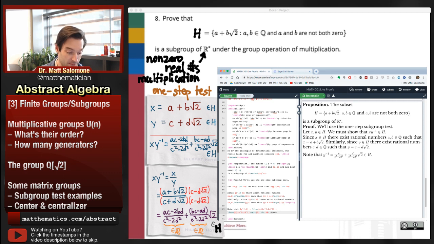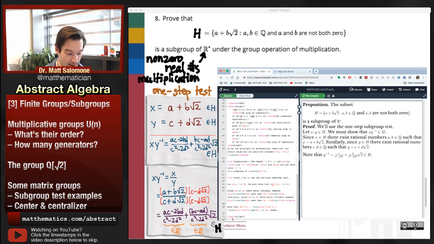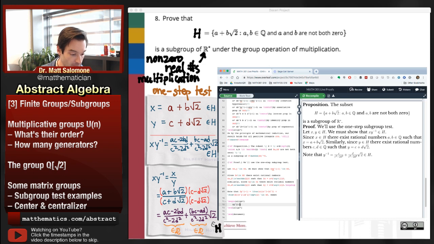And therefore, now we'll do the calculation from the napkin. x y inverse is going to be a plus b radical 2 times that inverse that I just wrote down by the above calculation.